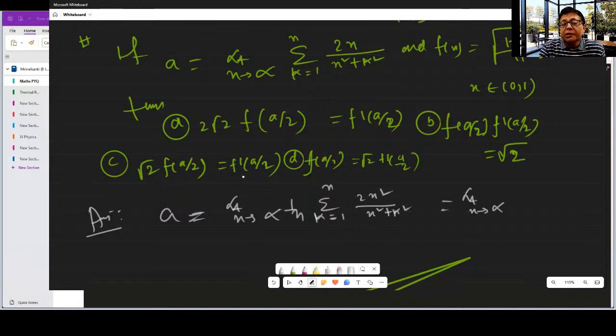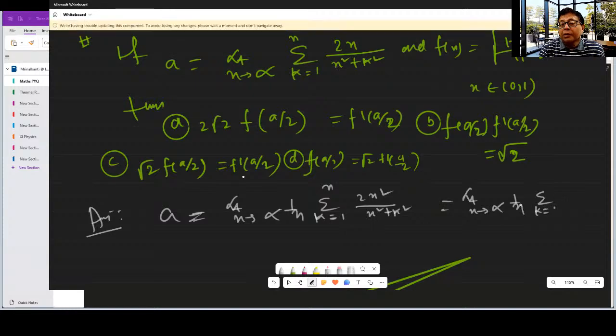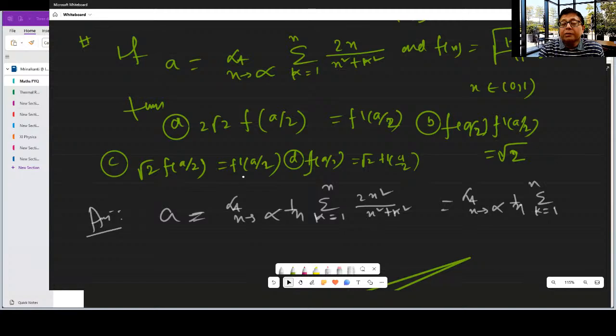Common steps. Divide by n square. 2 by 1 plus k by n whole square. So k is changing. This you write 0 to 1, 2 dx by 1 plus x square.